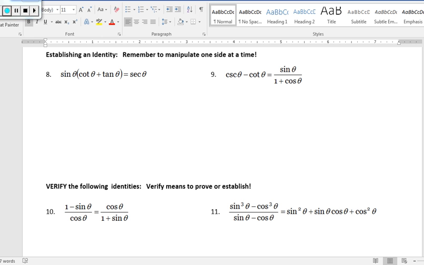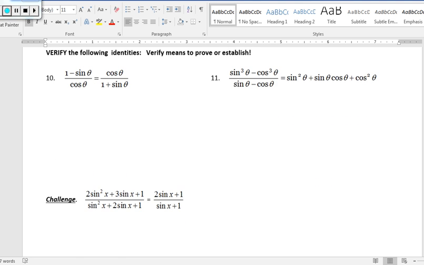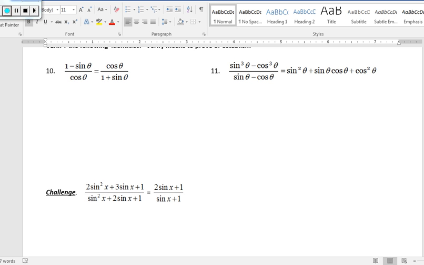Let's go down to number 10 here on your paper. So I'm looking at this, and I want to say to myself, I need to get this to look like a 1 plus sine theta. Again, I say to myself, that is the conjugate of 1 minus sine theta. So I'm going to multiply both the top and the bottom by 1 plus sine theta.